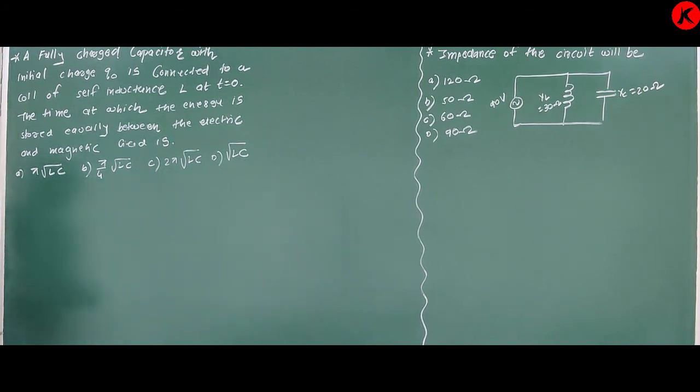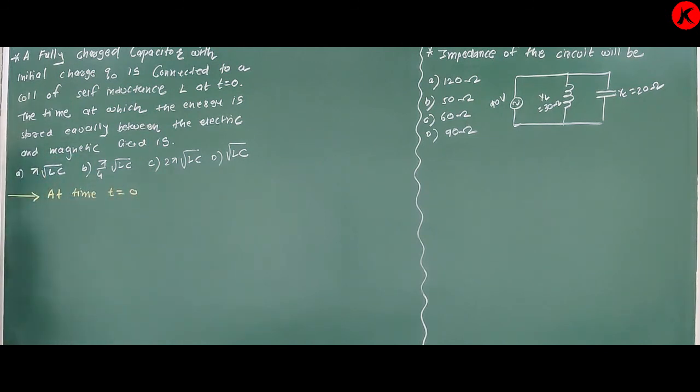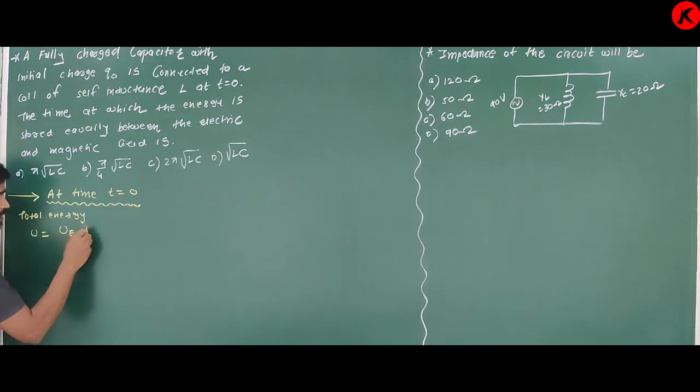Here, a fully charged capacitor with initial charge Q0 at time t is equal to 0. I am writing this situation at time t is equal to 0. Total energy U is equal to UE, energy stored in capacitor, plus UB, energy stored in inductor.